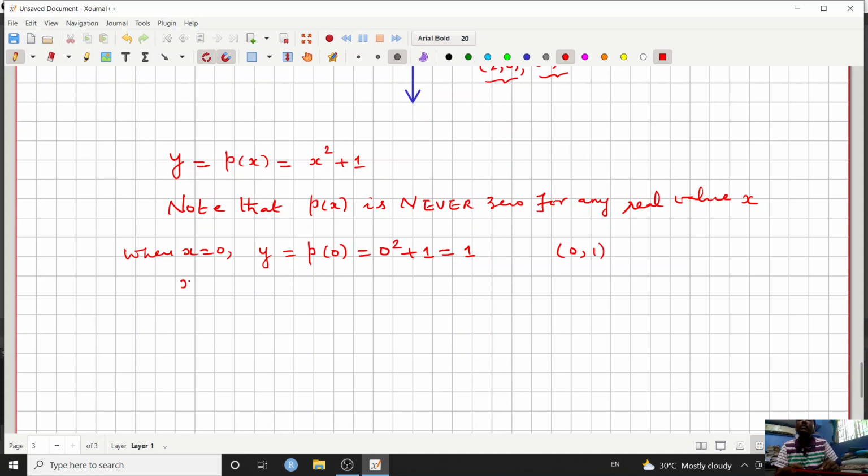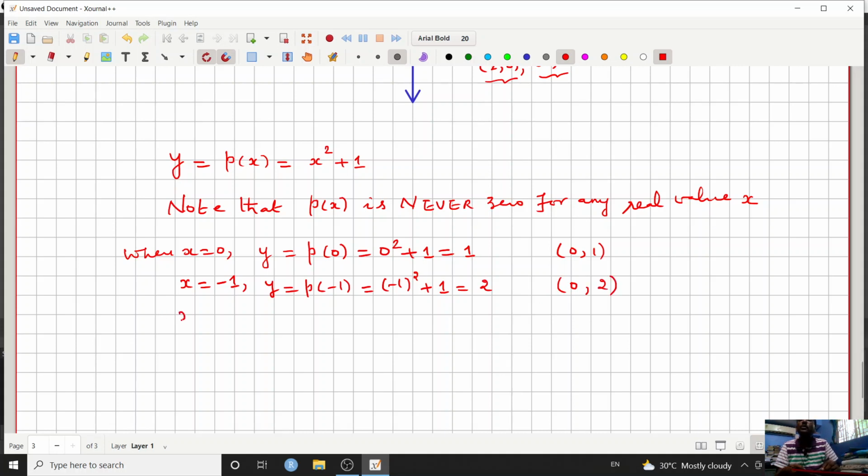When x is equal to minus 1, y is equal to p of minus 1. You put minus 1 here. So what do we get? Minus 1 square plus 1, which is equal to 2. So this is the point (minus 1, 2).